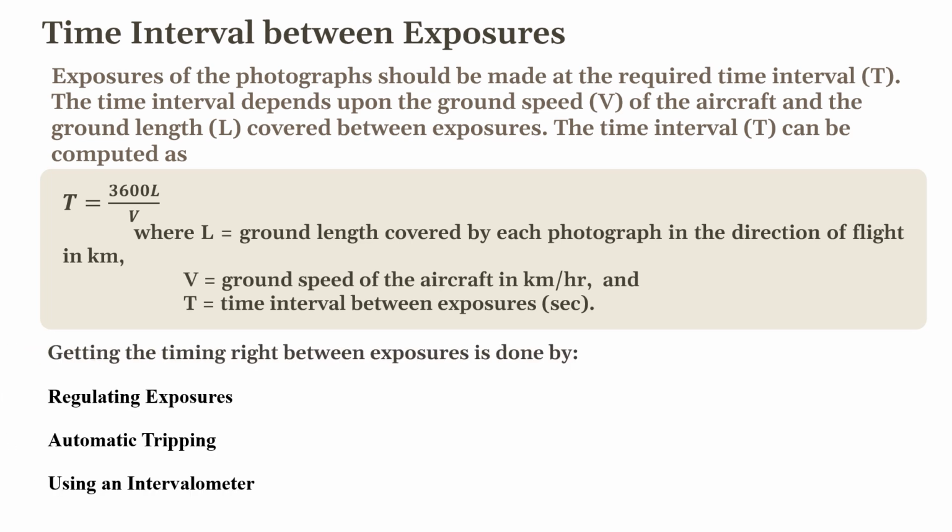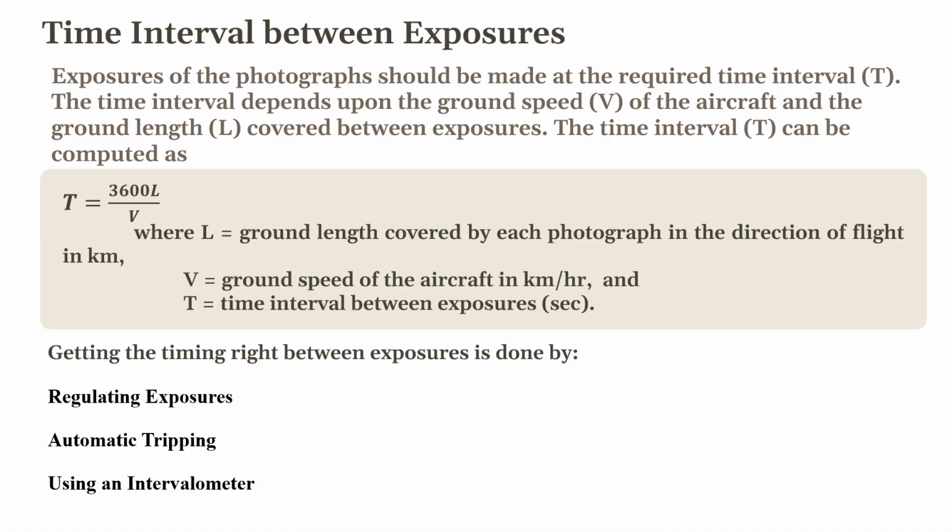In aerial photography, getting the timing right between exposures is very important. Here is how it is usually done, by regulating the exposures. Typically, exposures are regulated by measuring the time it takes for the image of a ground point to move between two lines on the ground glass plate in the viewfinder. The camera is automatically tripped at suitable intervals.